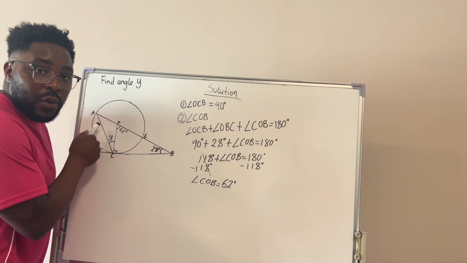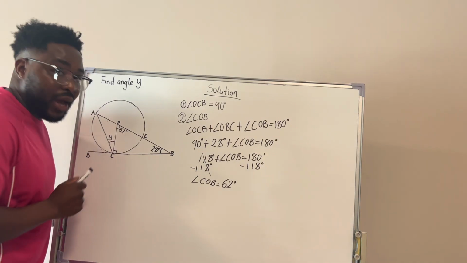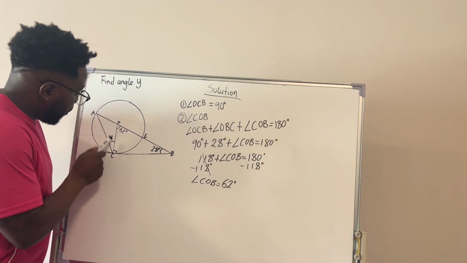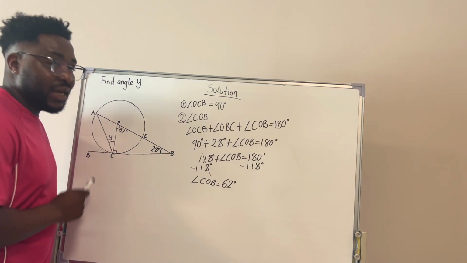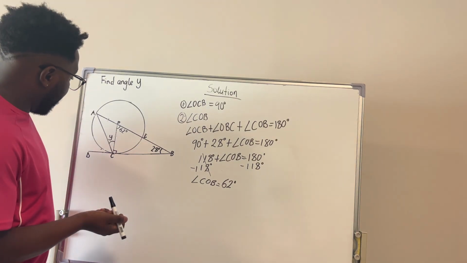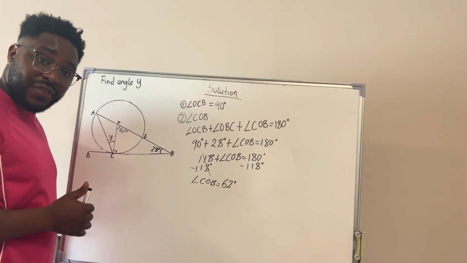The two opposite angles in a triangle. So the two opposite angles should add up to that exterior angle, right? Now that means we can find this angle over here and that angle over there.